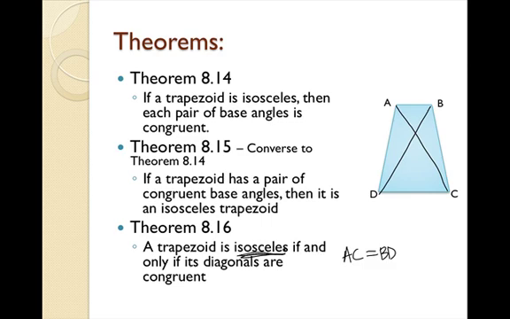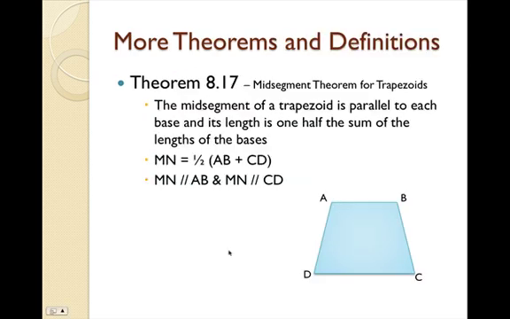Okay, so now we're going to move on to another theorem. We have more theorems and definitions. Now we're going to go back to our triangle days where we had the mid-segment theorem for triangles. Well, we also have one for trapezoids. That's theorem 8.17. This theorem says that the mid-segment of a trapezoid is parallel to each base and its length is 1/2 the sum of the bases.